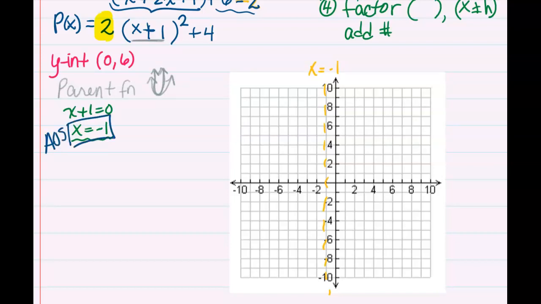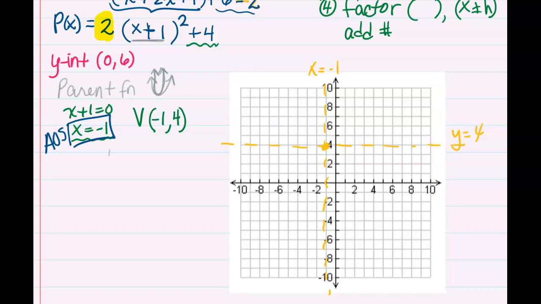It is that vertical line. Now that we know our vertical line, we also know that we find the vertex by having that same x value of -1 and our vertical transformation of +4. So I'm going to do that vertical transformation up here at +4. So we can see y is equal to 4, and we can see our new origin is here.